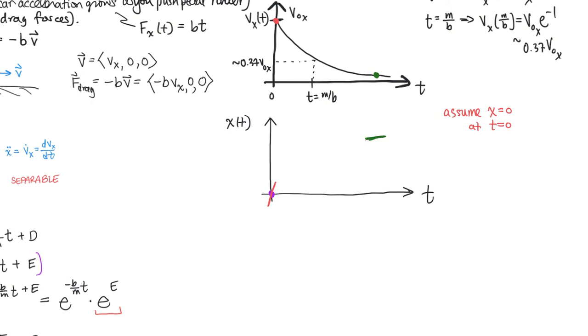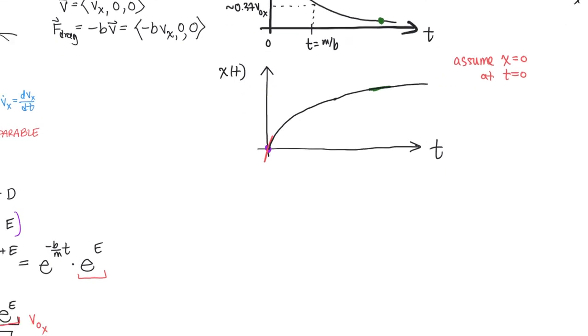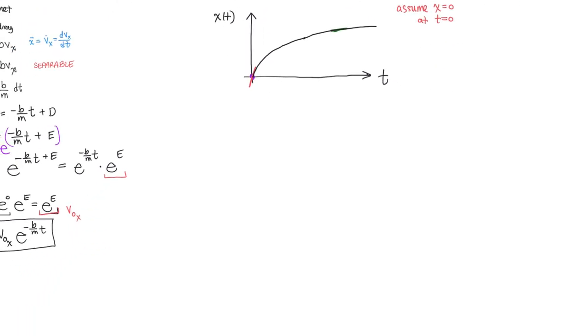So I can try to interpolate here by eye what my position versus time graph might look like. And here's my guess. Okay. So let's make sure that we get something similar when we do this analytically.